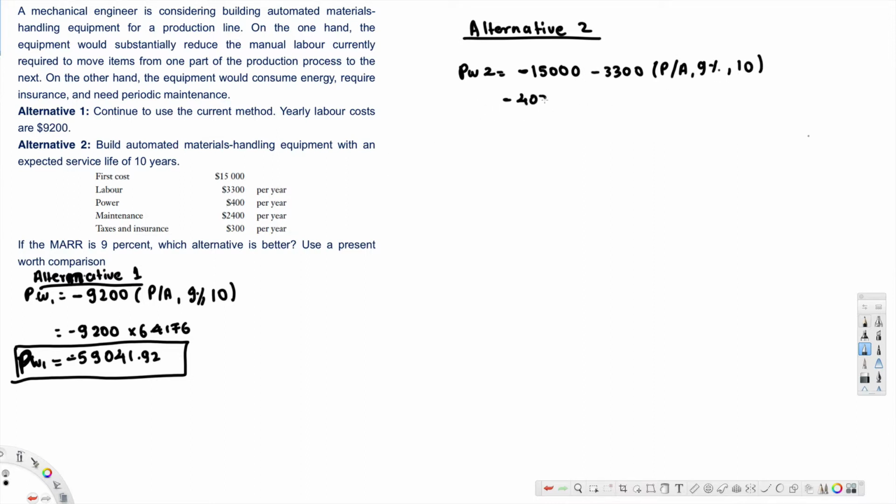And for everything we have to use the same thing: minus 400 P over A 9%, 10 years, and then minus 2,400 P over A 9% for 10 years, and then 300 P over A 9% for 10 years.